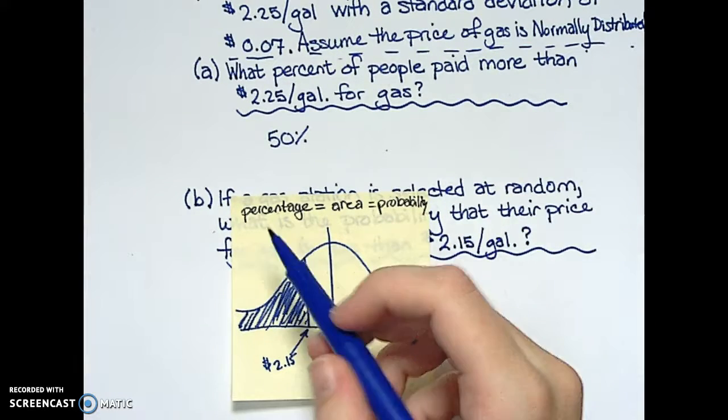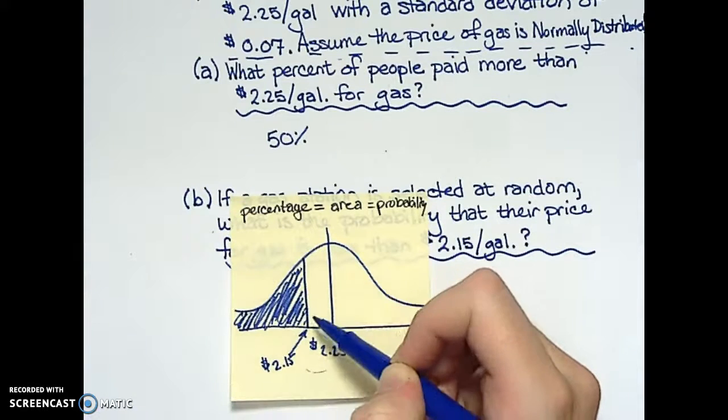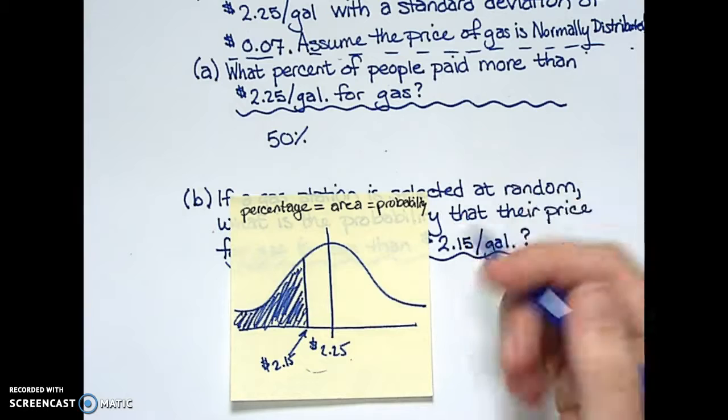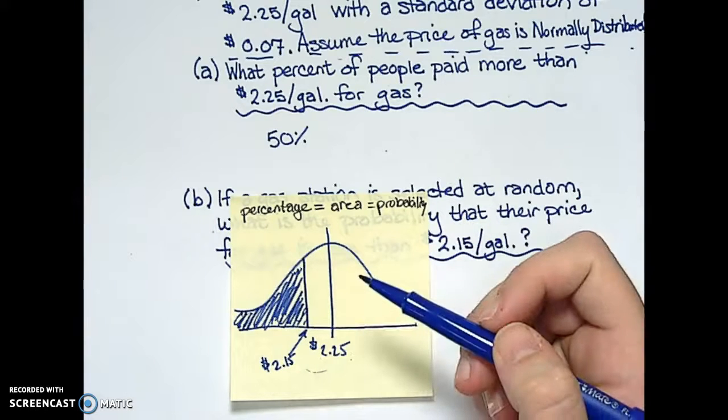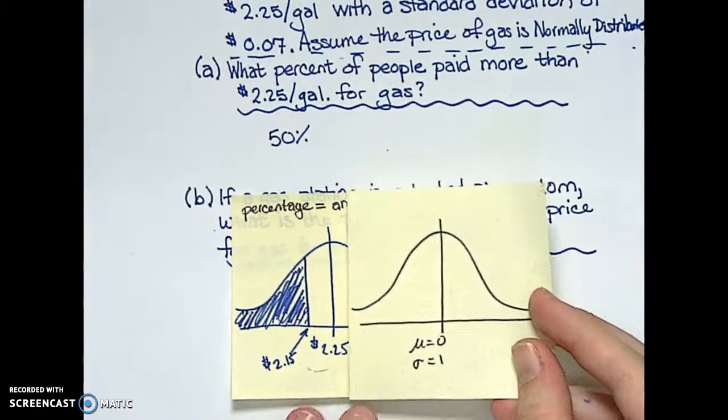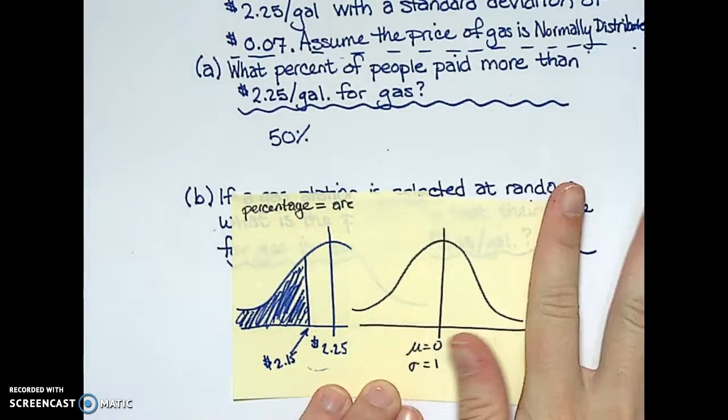But rather than mathematically calculating the area beneath this curve, and then when we change up the problems and change up the values, having to calculate the area beneath a different curve, what we do whenever we have examples in which the quantity is normally distributed, we relate everything back to the standard normal curve.